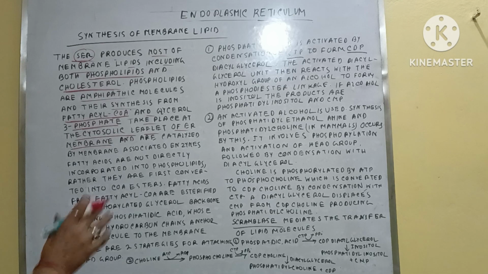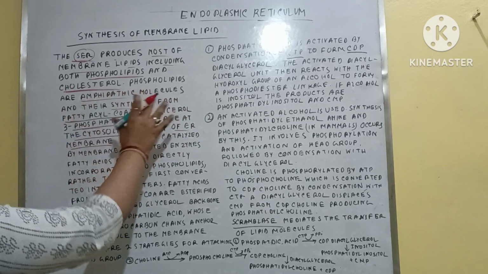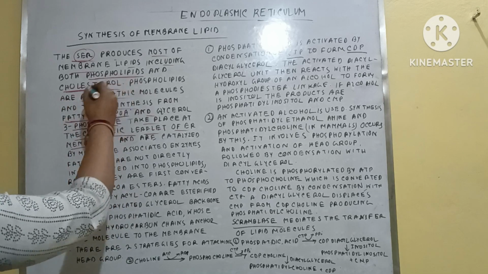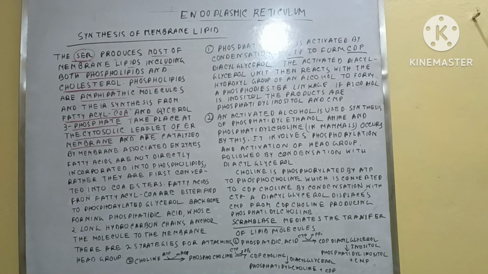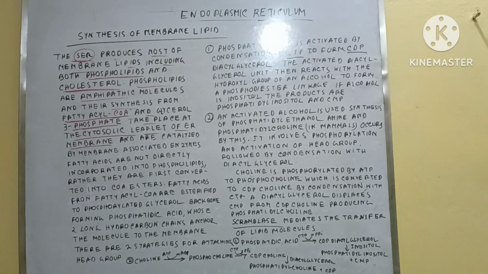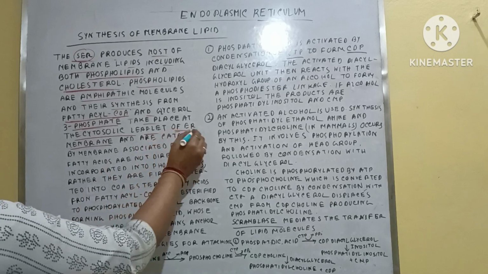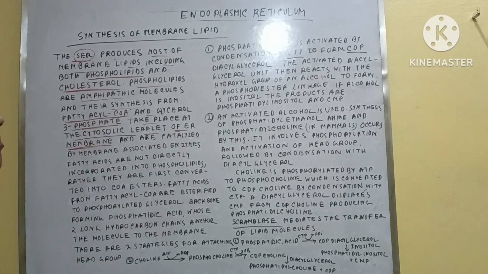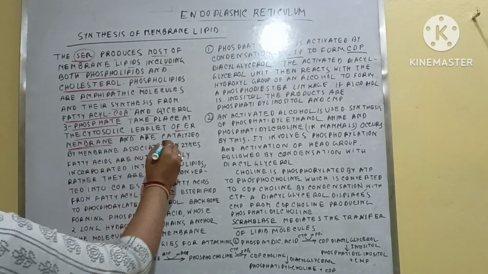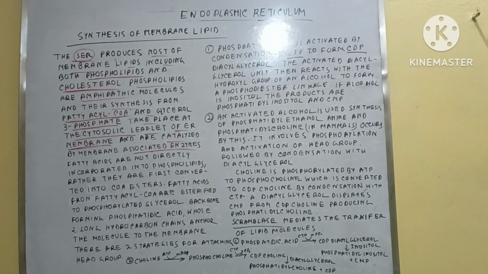From these two substances the phospholipids are synthesized. This occurs in the cytosolic leaflet of the endoplasmic reticulum membrane and is catalyzed by some associated enzymes.